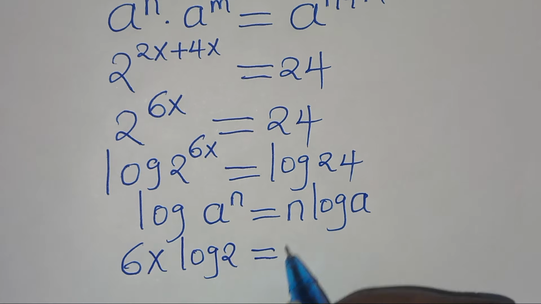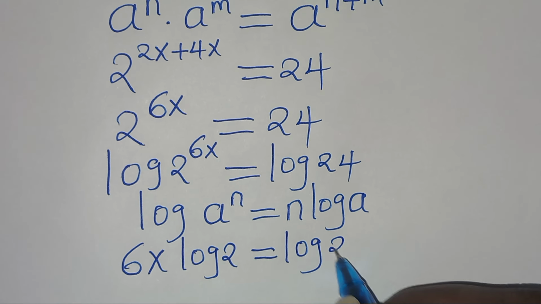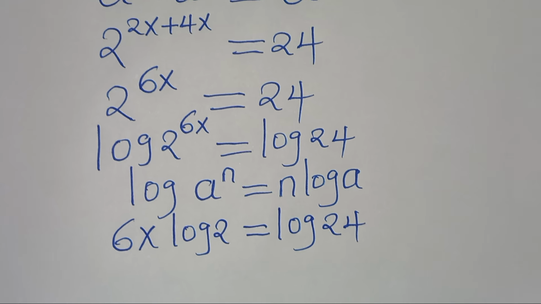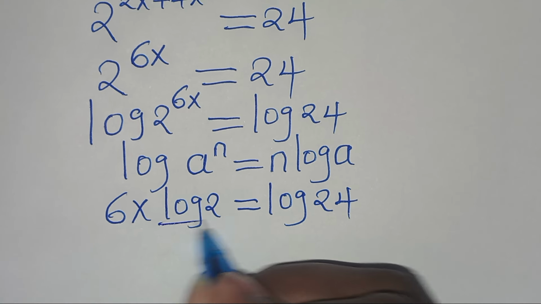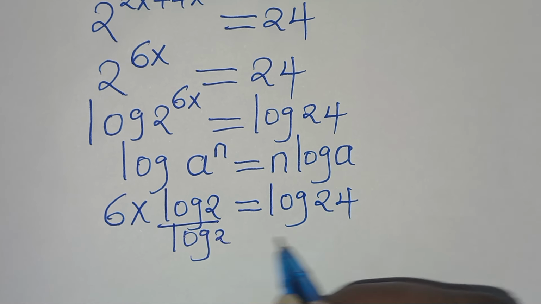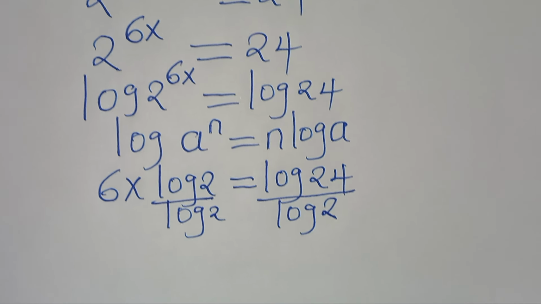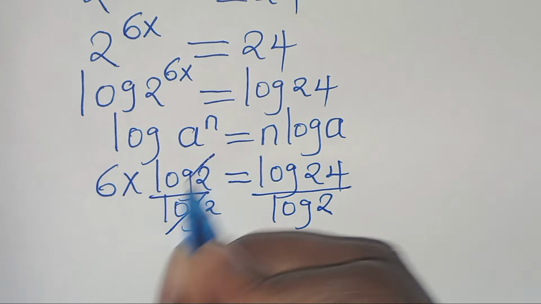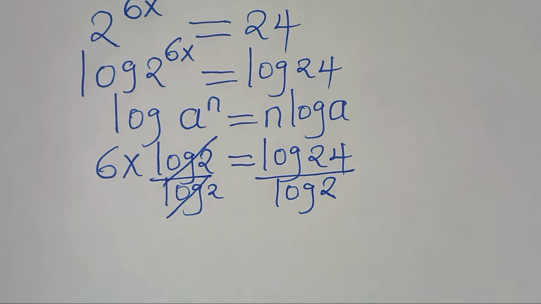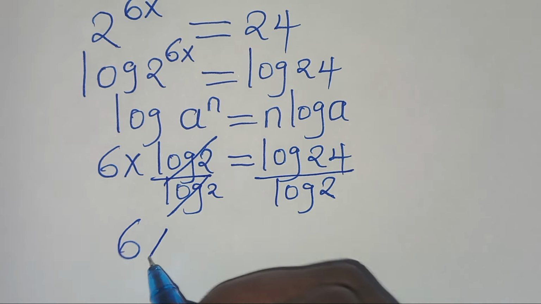This is equal to log 24. Now, let's divide both sides by log 2. So here we have log 2. Now, let's simplify log 2 and log 2 here. So that now we have 6x.